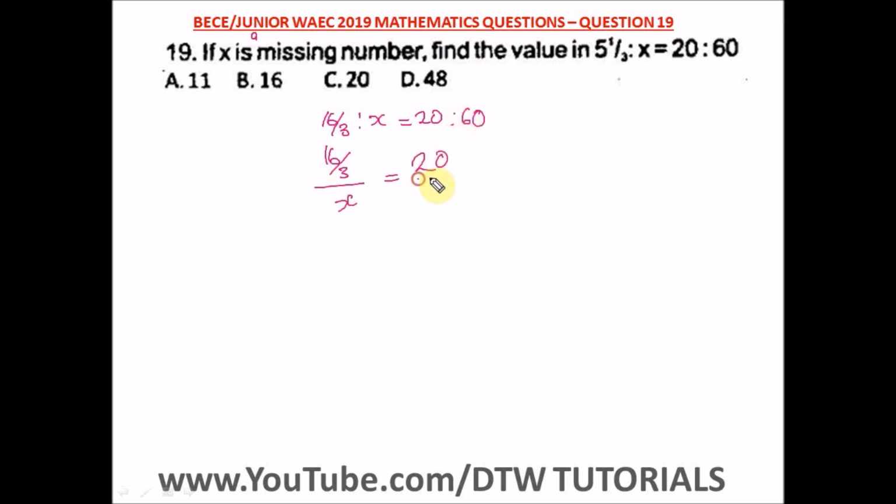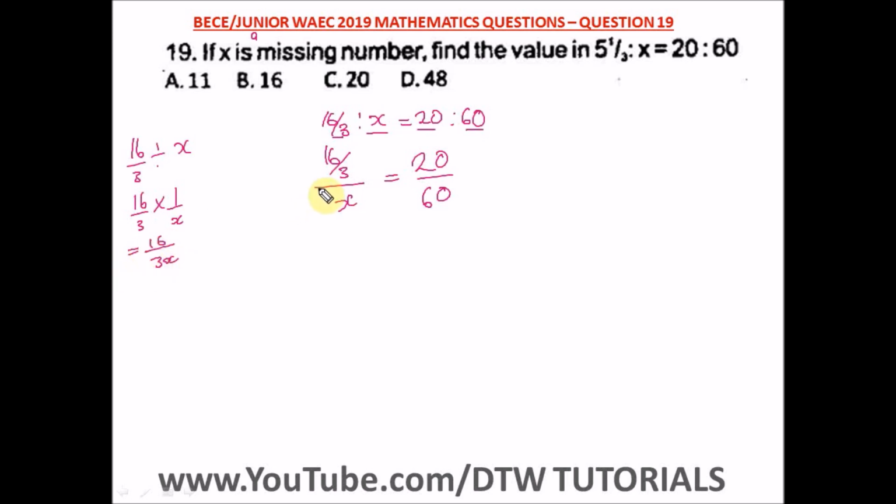Okay, so this is 16/3 divided by x, which is equal to 20. Remember, when you have ratios, what you divide by will be your denominator, and this will be your numerator. So divided by 60, where this is the same as 16/3 divided by x. You have to invert, right? You convert this division sign to a multiplication sign. We have 16/3 times 1/x, which will give us 16/3x.